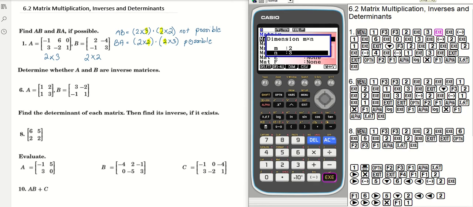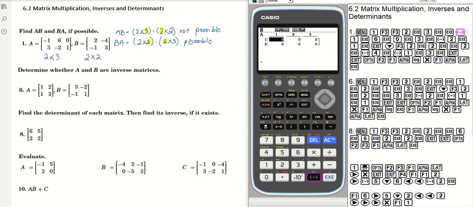Execute and then enter the data. -1, 6, 0, 3, -2, then 1.